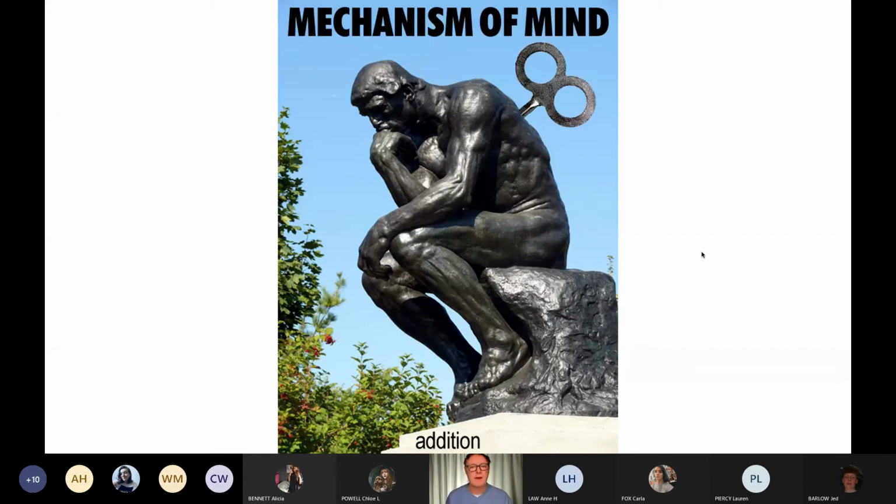So for instance, if we add this, and now we're designing, say, a poster or a book cover, and we say, 'the mechanism of the mind.' We're taking the image of the thinking man, which makes reference to the mind, but we've also put a mechanical key on the back of the figure, which implies mechanism. So that's adding something. We didn't change anything, we just added.